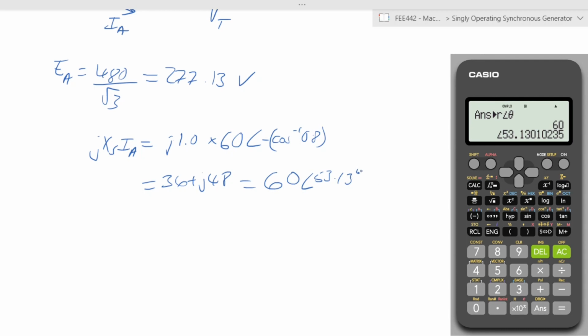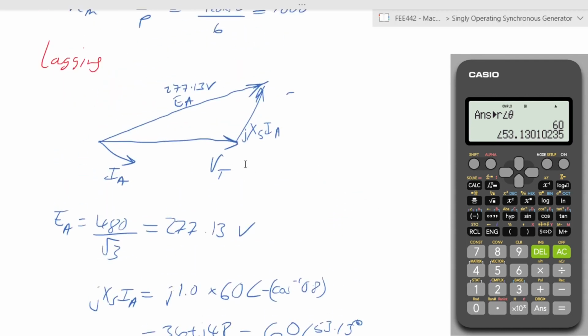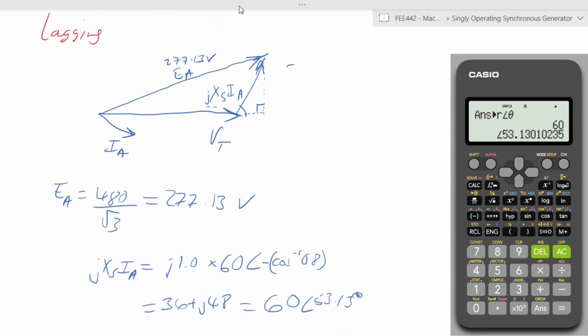Once again, we are getting into the debate of what does the angle mean. But what it means here is your angle here, if you reduce it to its components, you have an angle of 53 degrees there. And then you have 36, which is here. That is the real component. And then you have J48 here, all right? So that this particular one is 60 at an angle of 53.13 degrees, right? I hope that makes sense.